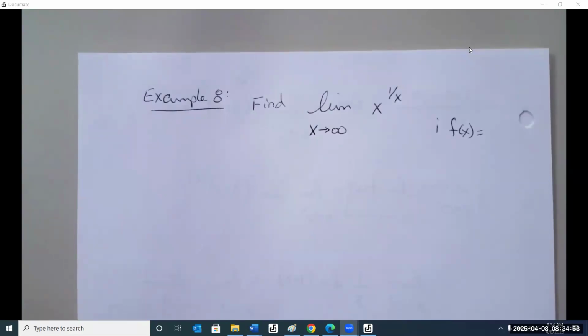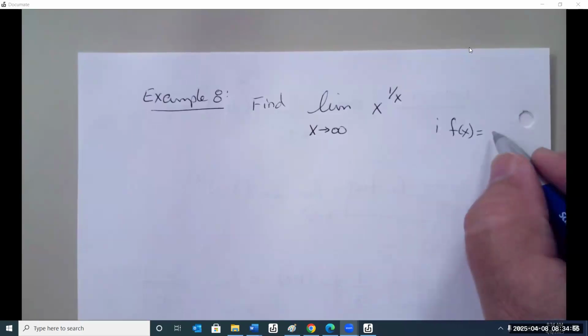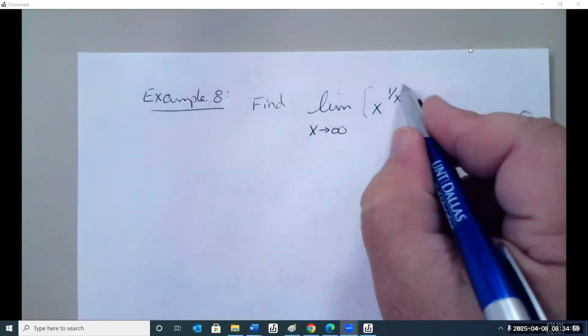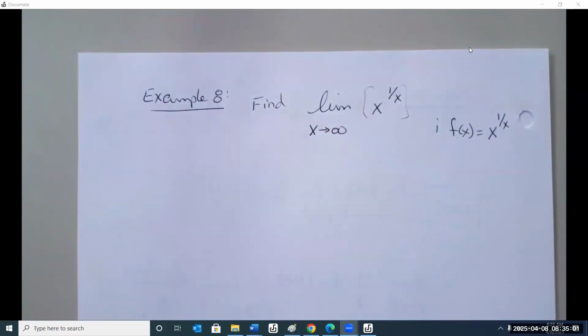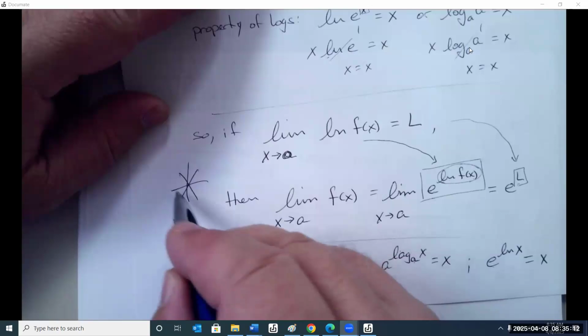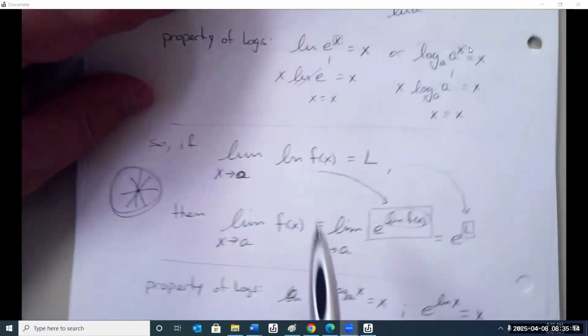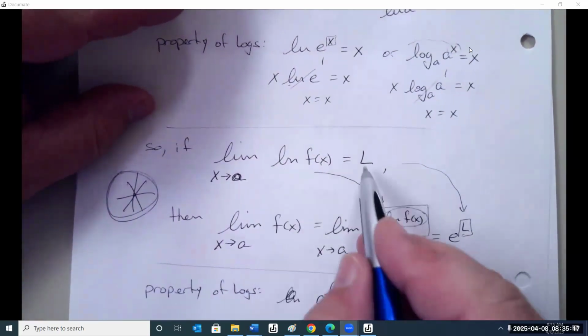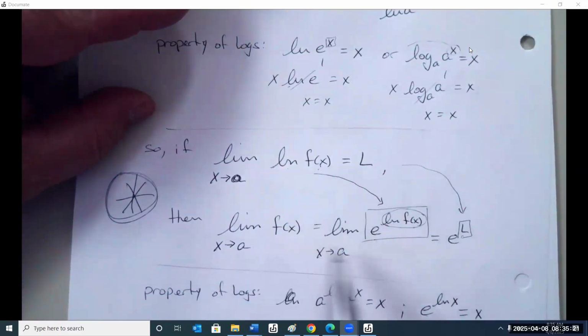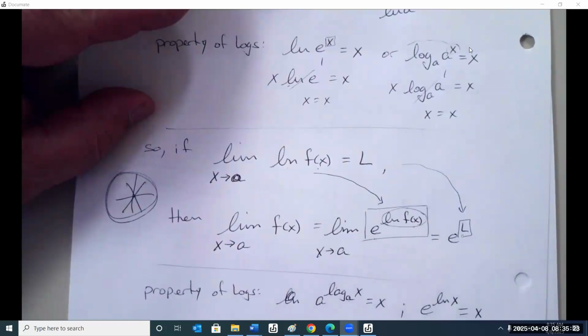What's our f of x? This whole thing is f of x. So using this formula, this is going to be important in this area. Now we have to take the ln of f of x.